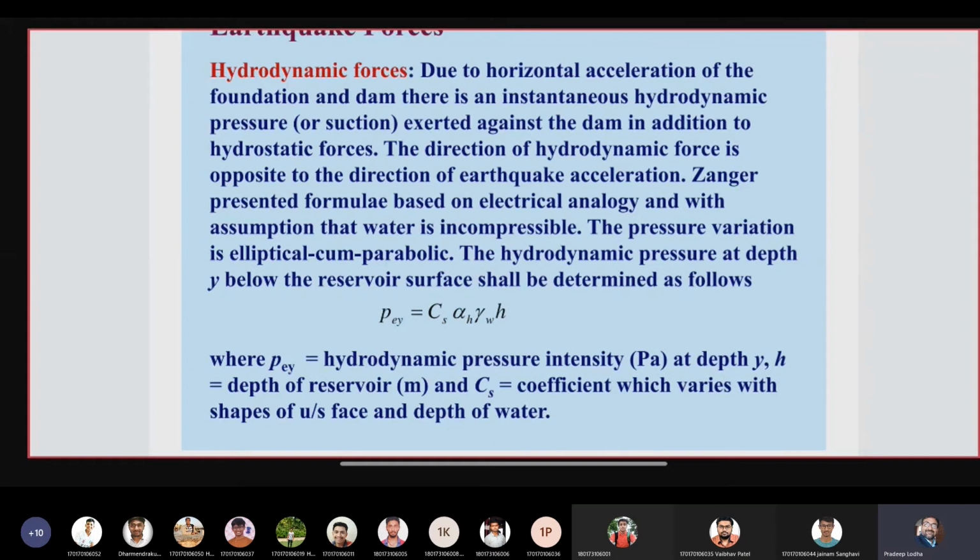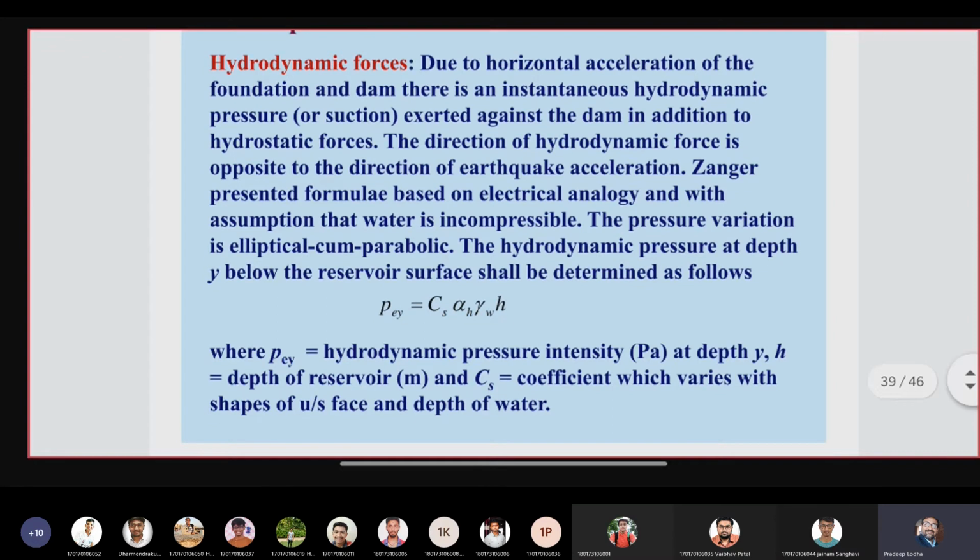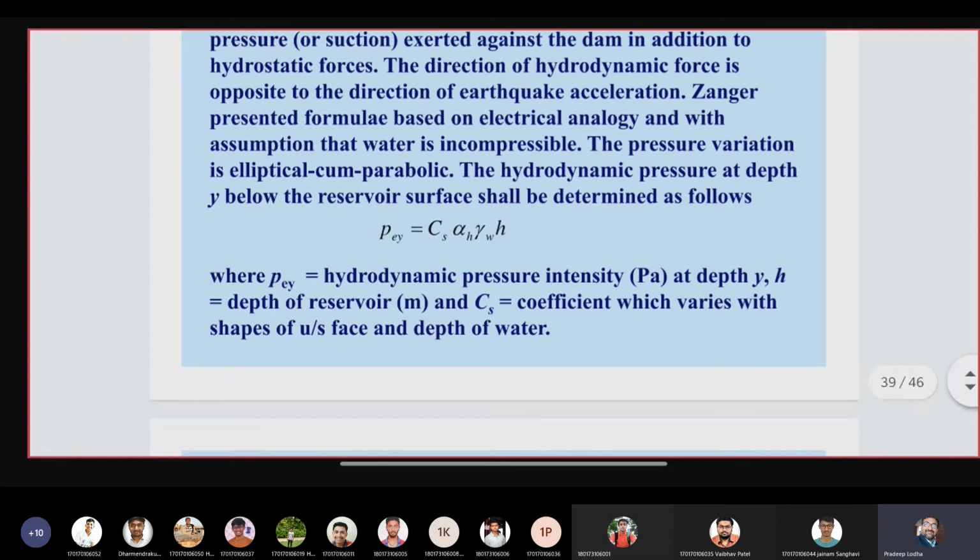Now, Zanger's formula: PEY, the horizontal hydrodynamic pressure intensity, is equal to CS alpha H gamma W H. CS is Zanger's coefficient, which varies with the upstream face, and alpha H, gamma W and H are very much known to you from the geometry of the gravity dam.